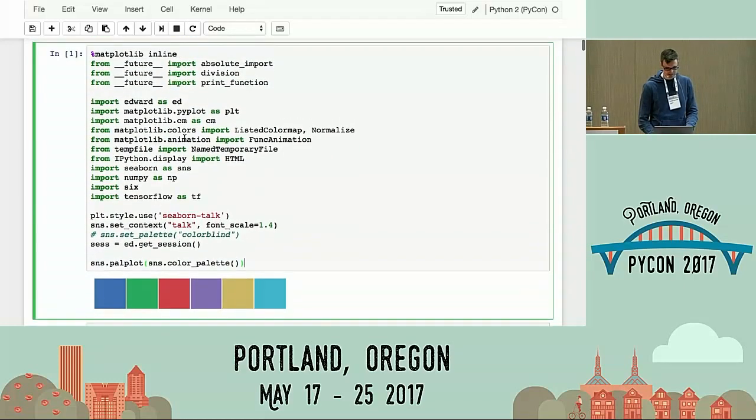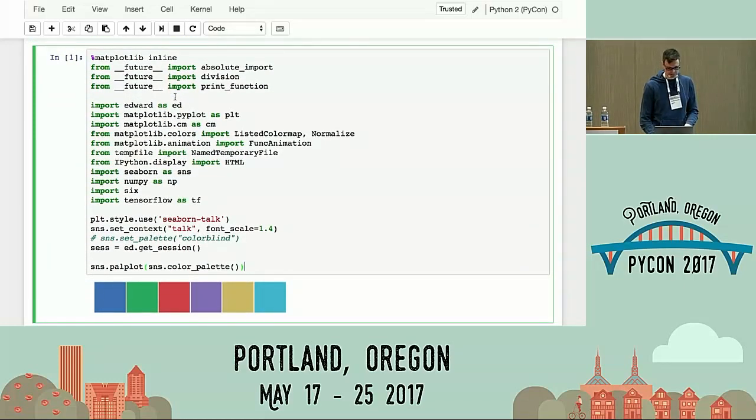I already did it. So what we're importing here are some things from future. Never mind. Then we're importing Edward. We're importing Matplotlib because we're going to do some plotting. And we import Seaborn, which is also a plotting package, but it's specifically designed to address working with probability distributions. We're going to use NumPy and also TensorFlow.